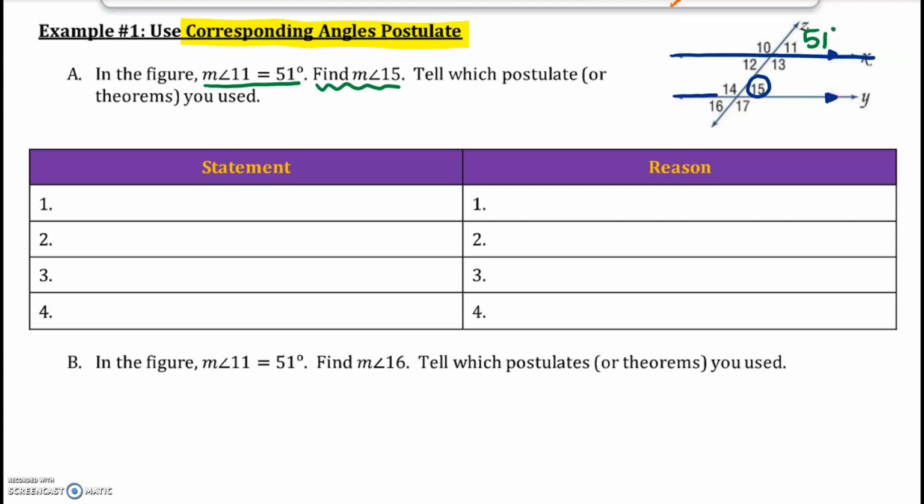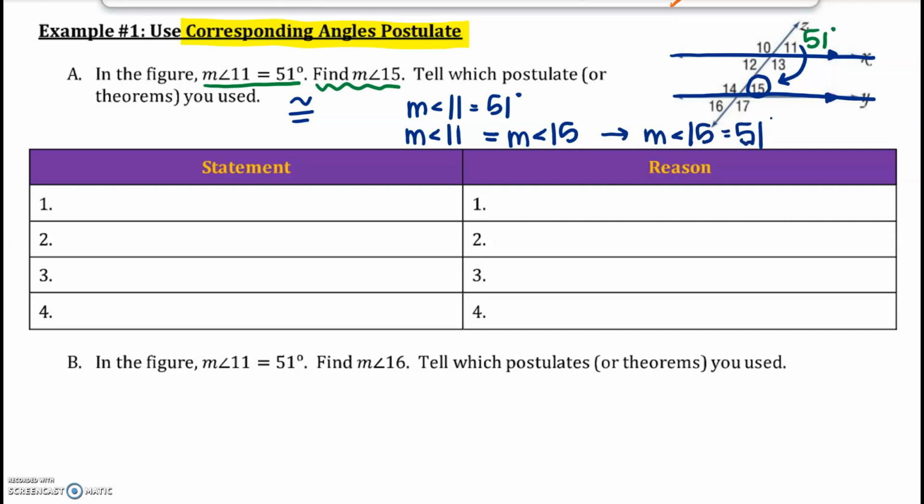So because they're parallel, then all of our corresponding angles are going to be congruent. So if the measure of angle 11 equals 51 degrees, and the measure of angle 11 is equal or congruent to the measure of angle 15 because they are corresponding angles, then I know that the measure of angle 15 also equals 51 degrees.